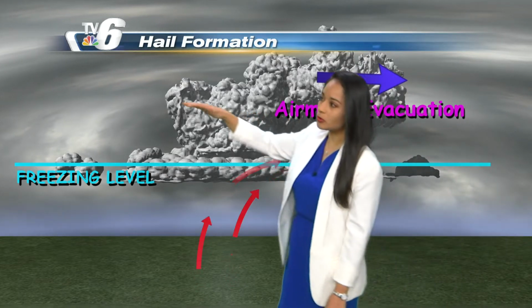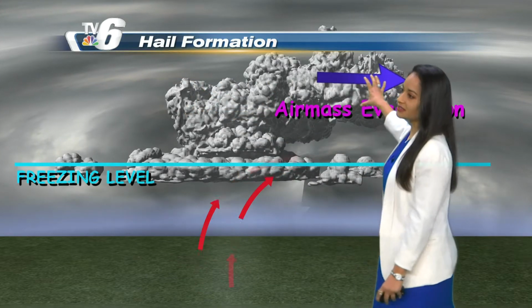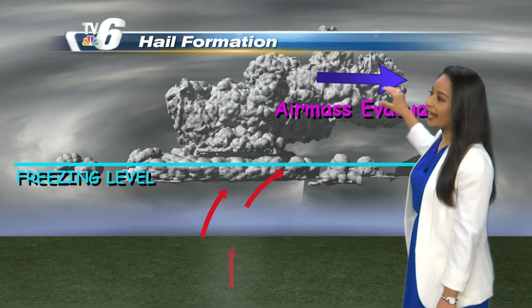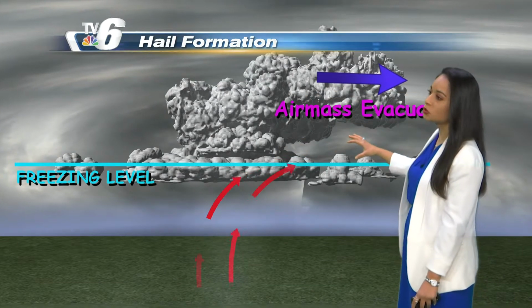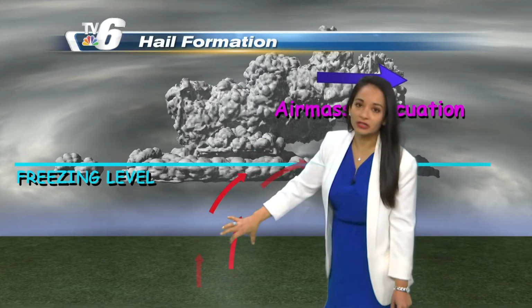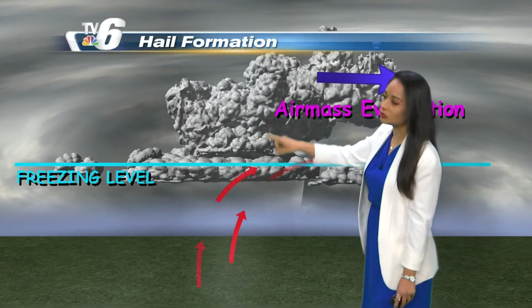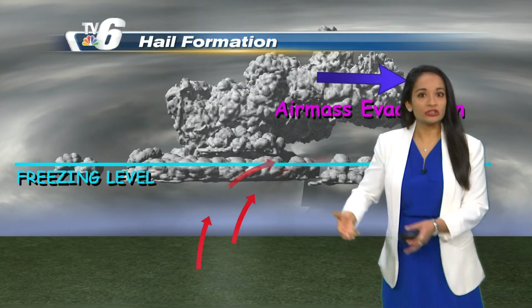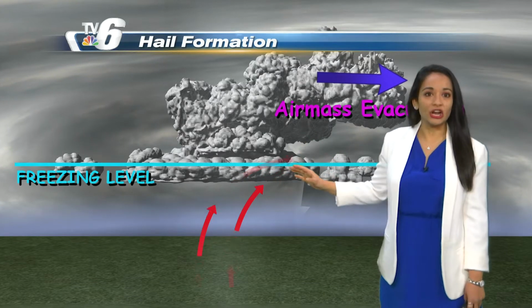In the upper portions of the storm, you have strong winds at the top of that cloud, and that's going to allow a lot of the cloud cover and a lot of that warm, moist air to get pushed forward in front of the storm, pretty much leading to a clear path for that warm, moist air to continue to get funneled in and out of the storm. So it continues to provide energy to keep the storm healthy and going.